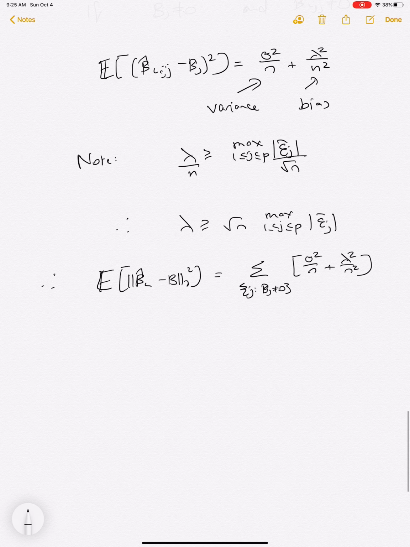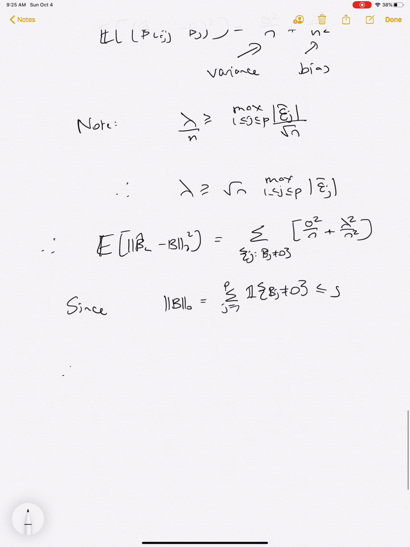Okay, and so recall that we impose this sparsity parameter.